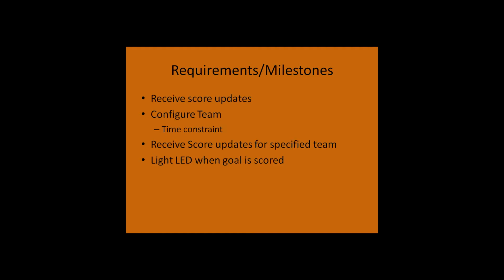The next bullet we have here is receive score updates, and this is pretty much the core of my project. I was able to get it to correctly report score updates for a specified team. However, as you can see in the next bullet, there is a time constraint, and I decided that it wouldn't be feasible to create an interface as I was already spending more time than was required on this project.